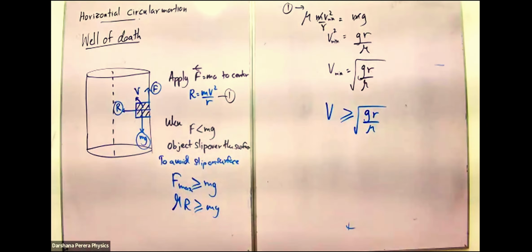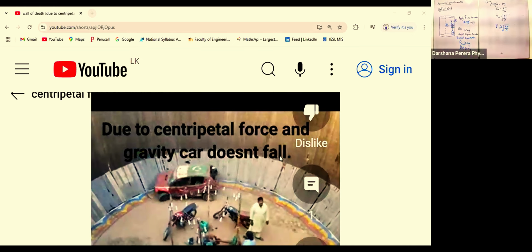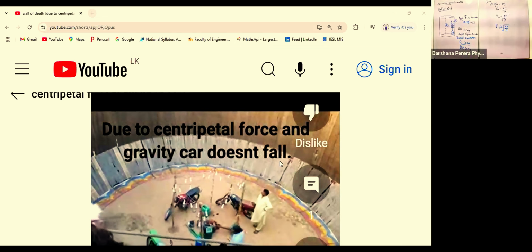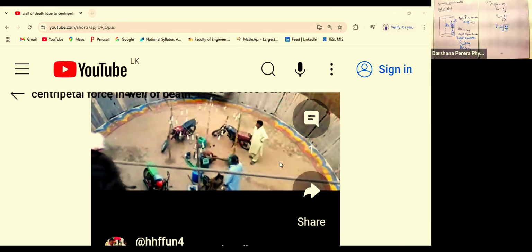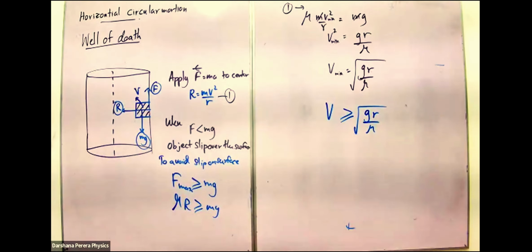This is the example. Due to the centripetal force, this object does not fall. The rotor is like this.